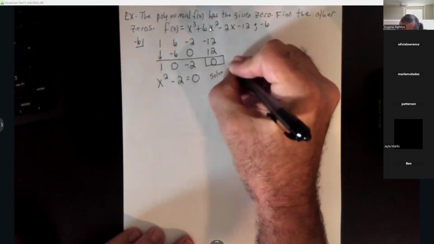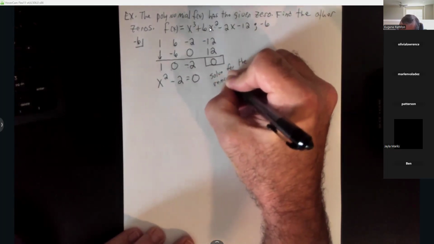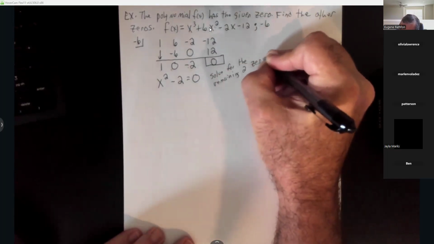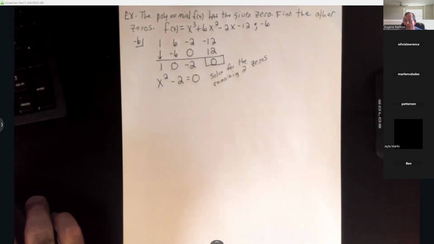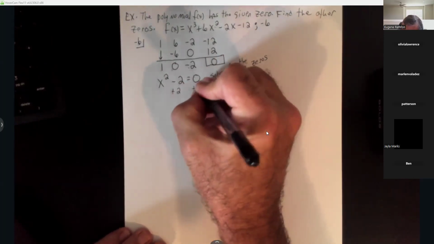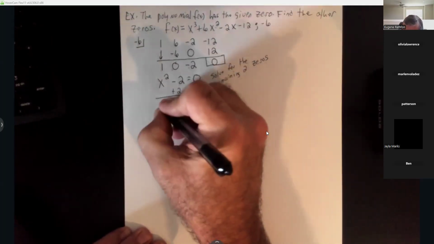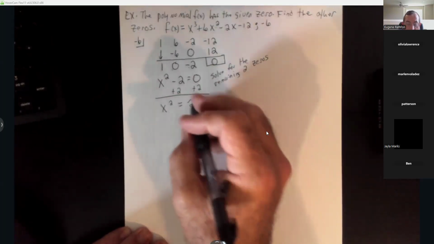So we're going to solve for the remaining two zeros. Okay? Now, I'm going to solve this by adding 2. So y'all, I'm going to get x squared equals that +2.